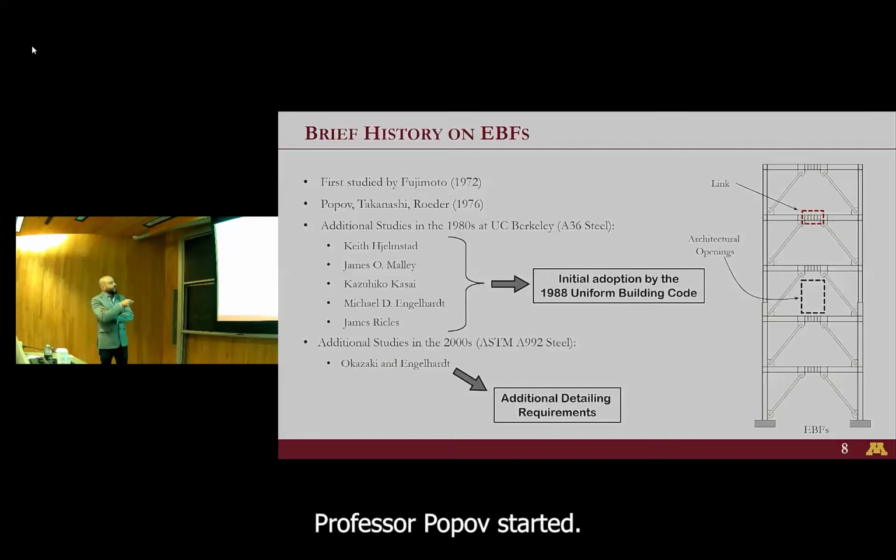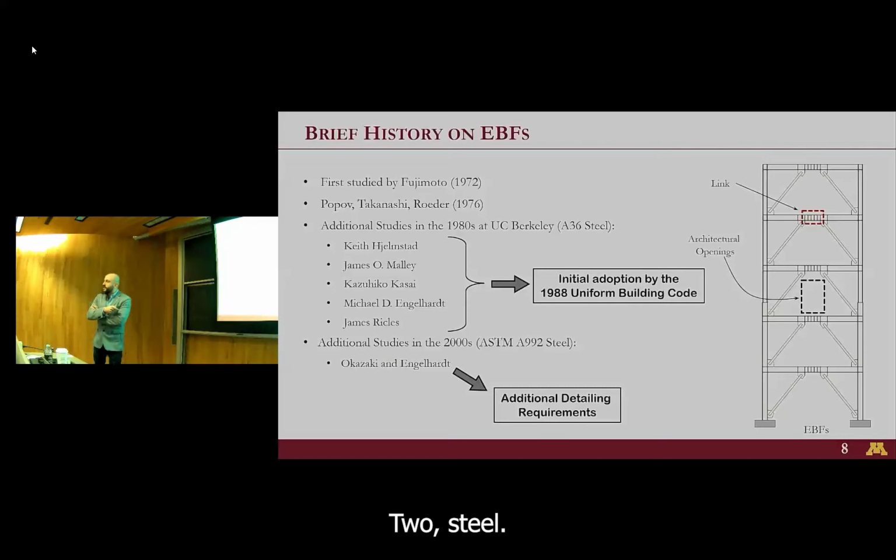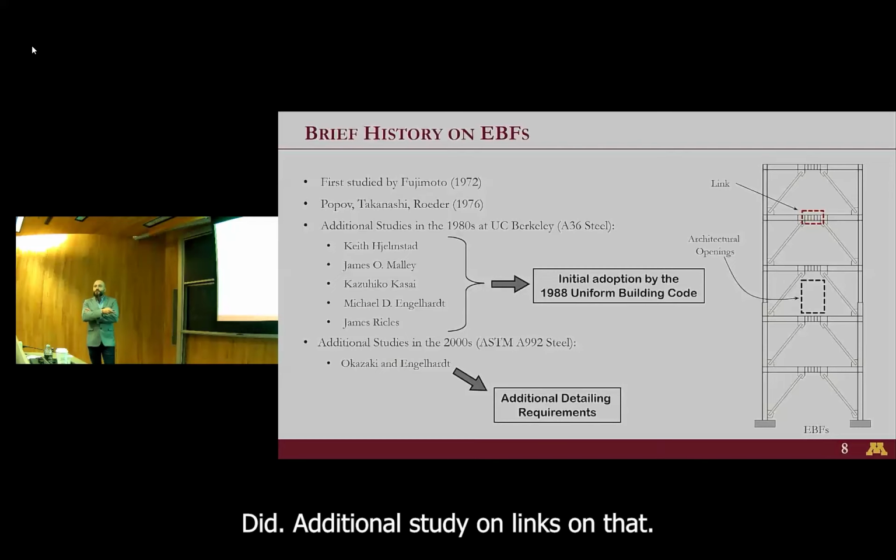And then Professor Popov started getting students on the topic, published a lot. The first database of tests on EBFs contributed to the adoption of the system in the 1988 Uniform Building Code. And after that, when A992 steel became common in steel construction, Okazaki and Engelhardt did additional study on links on that.